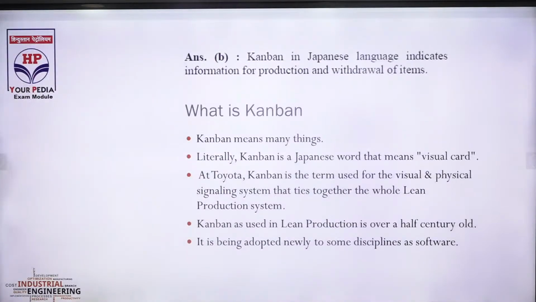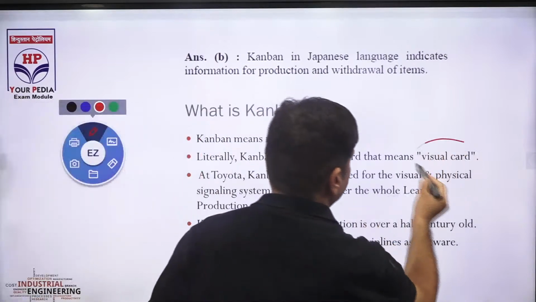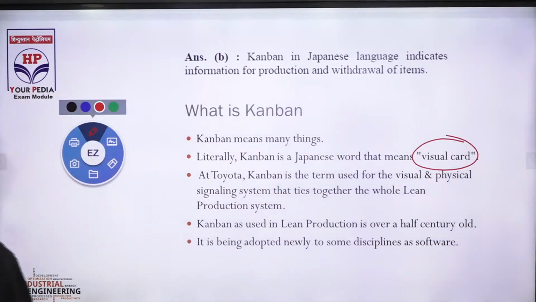Yes? Information for production and withdrawal of items. Kanban means many things actually. Literally, it means the visual card. The literal meaning is visual card. Remember this card, Kanban card. The card which you can see.